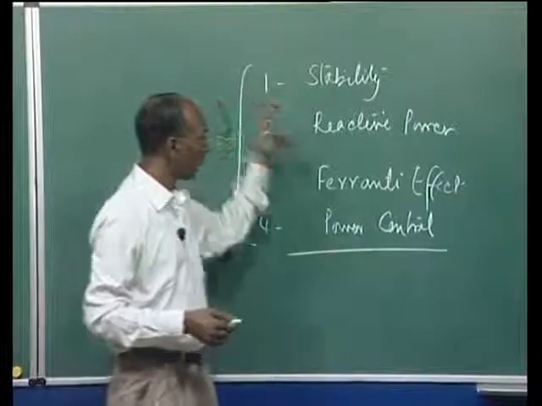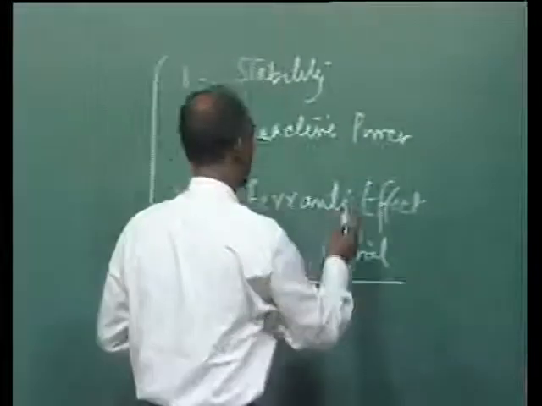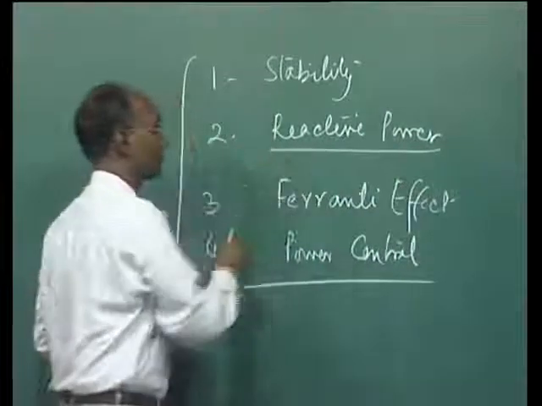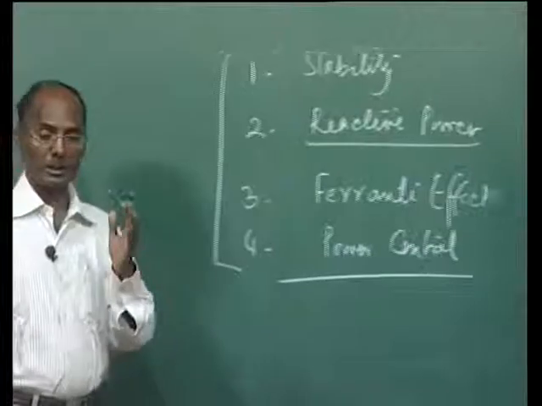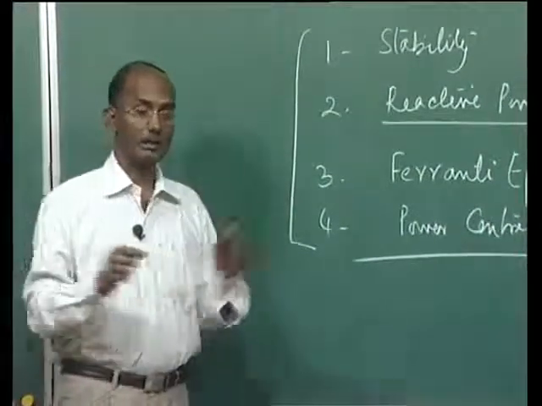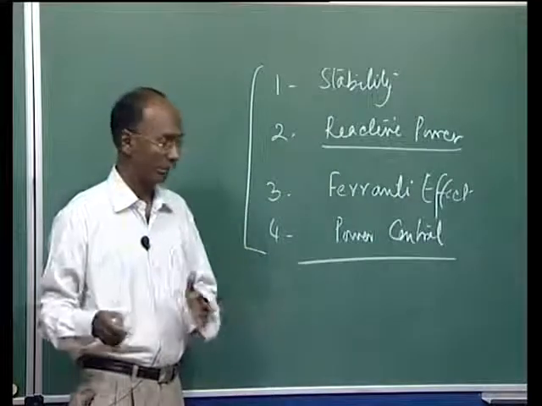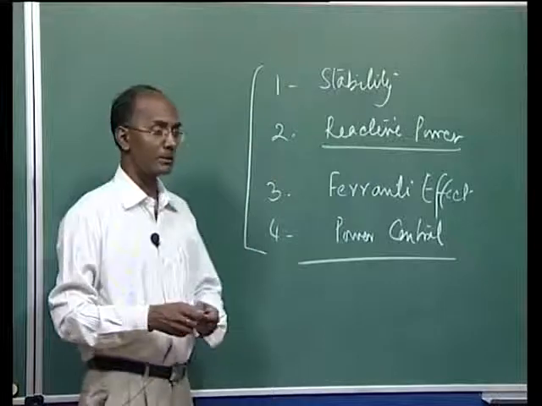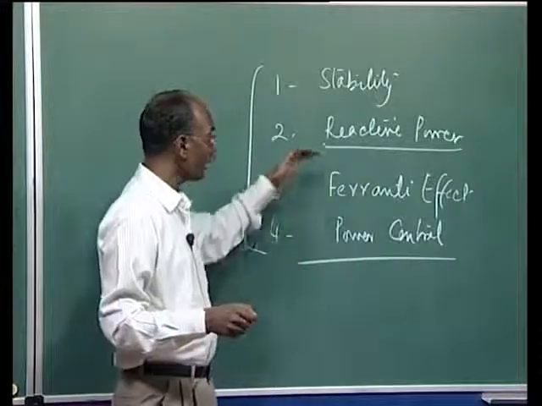To avoid these, DC transmission came in. You can see the first HVDC transmission system, which came between Sweden and the Gotland Island, was basically due to the charging, because a 70 kilometer cable at that time was not feasible. Then it was realized that we can go for DC cables, and these DC cables were feasible.